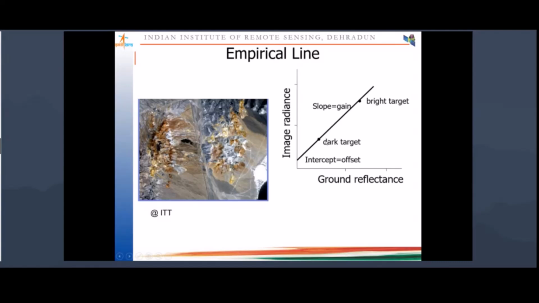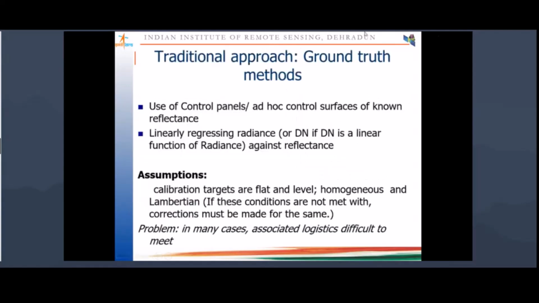What we need to have is, the requirement is, you should have control panels or ad hoc control surfaces of known reflectance, okay, the dark and the white patches. And then what you do is, you linearly regress the radiance against reflectance.